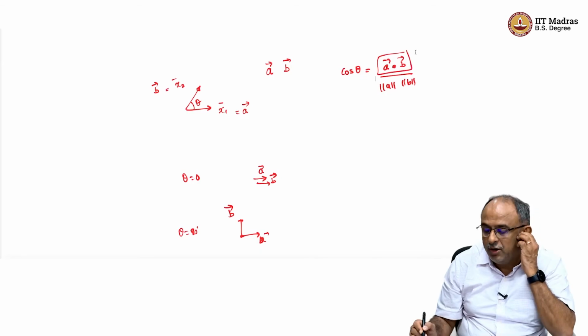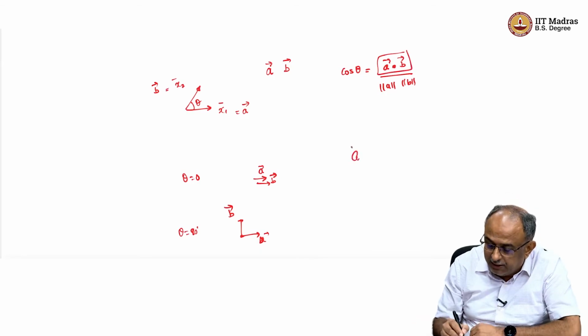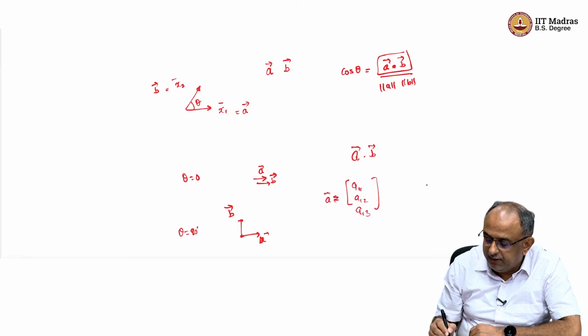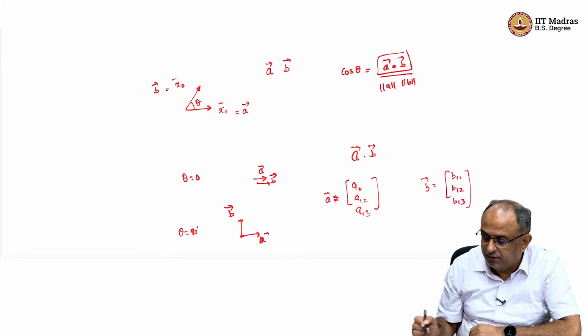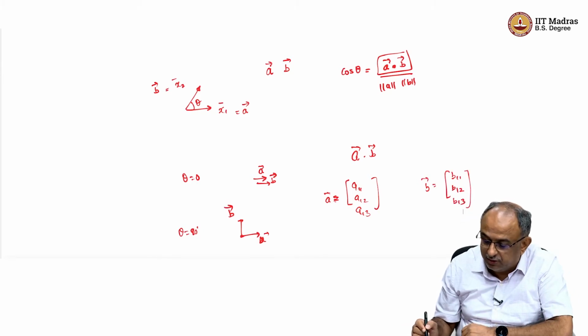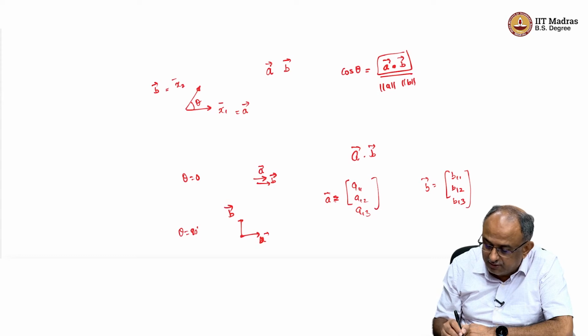So what do you mean by A dot B, right? If you remember, if A is a vector, let us say A11, A21, A31, and B is the vector B11, B21, B31, it should actually be column vectors.